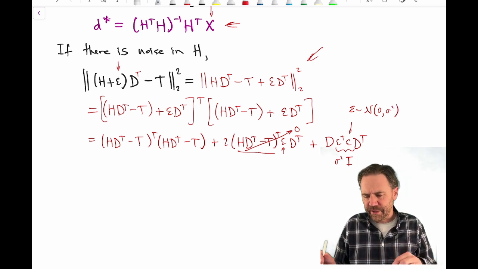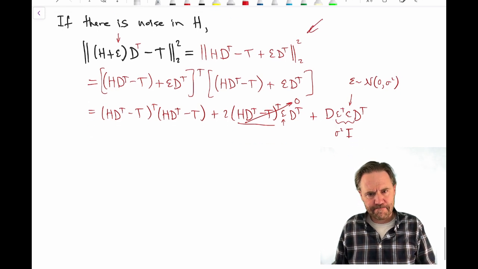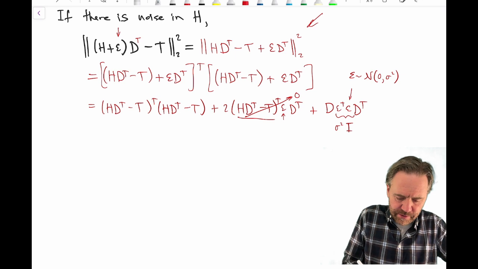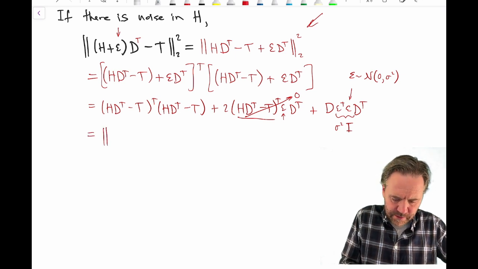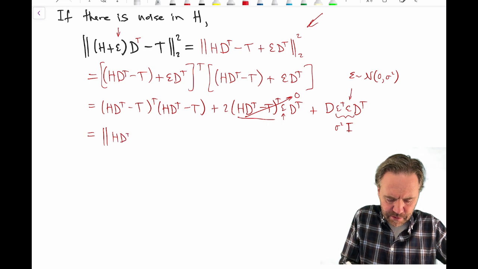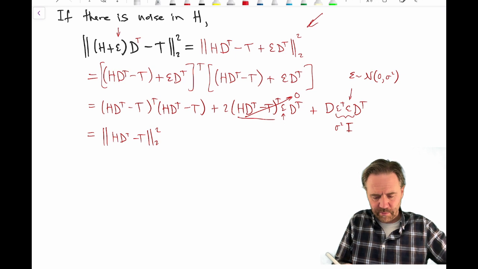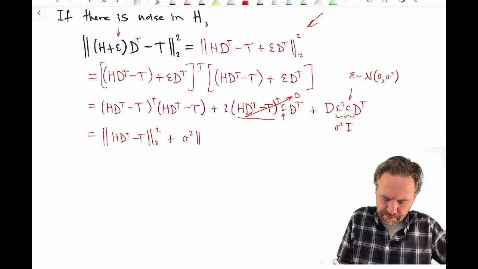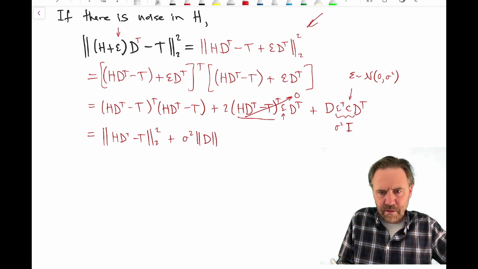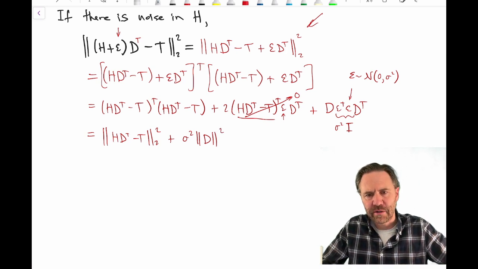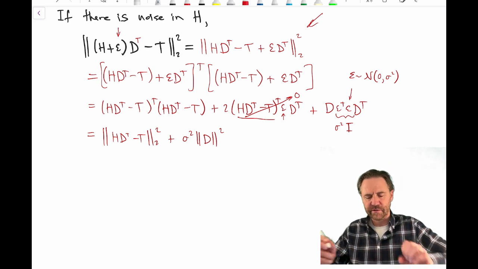So this last term is really just D squared, or let me write it out. This first term just becomes HD transpose minus T squared, so the original least squares problem. And then we have plus sigma squared times the norm of D. If D is a vector, then we just use the vector 2 norm.